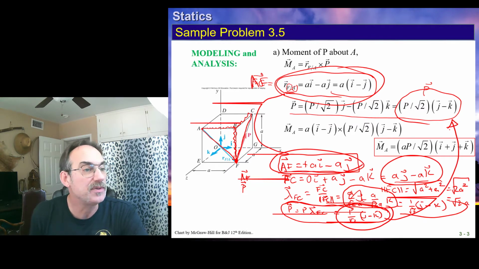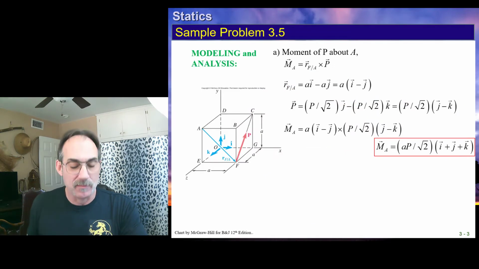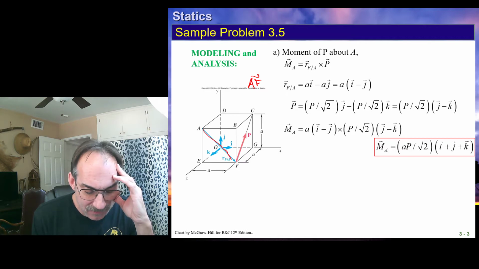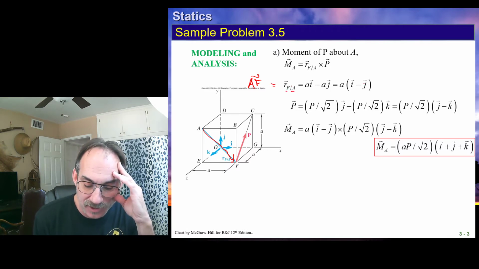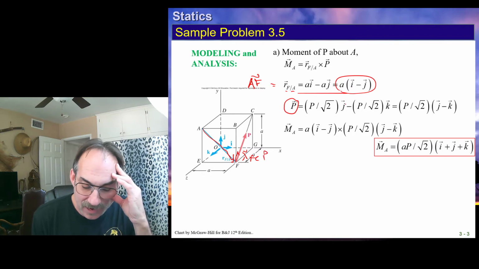So looking at those two things, we're now going to erase the ink on the slide and work from there. Since we found this vector AF, from A to F, the book is calling it the position vector r to F from A. That's that nomenclature, and we found it to be this value. We also found the force vector by taking the unit vector, lambda FC, and multiplying by the magnitude of the force.